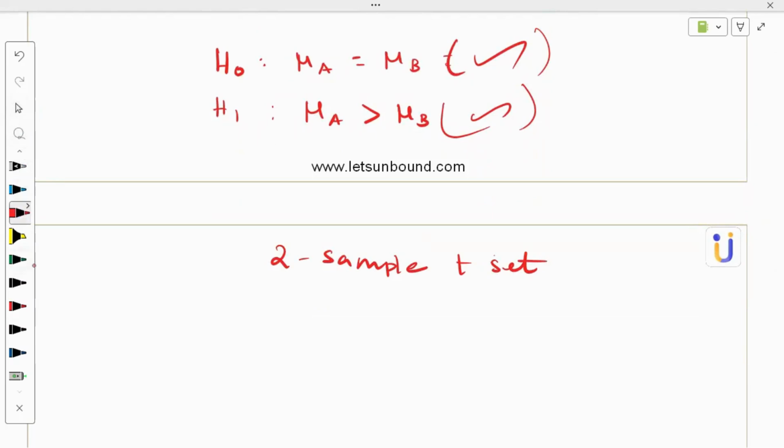2 sample t-test. Okay, for this, let's go with the calculator and check. So here we go.